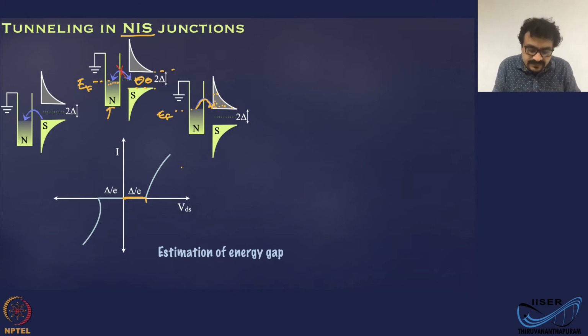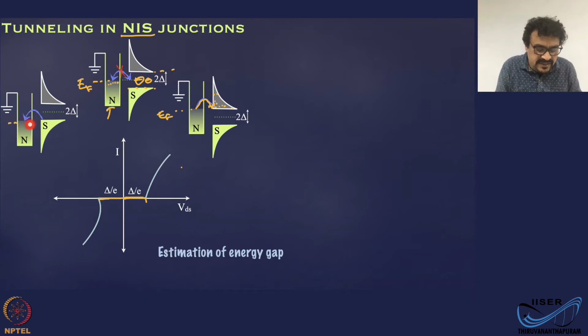So until you slide it by an energy delta, a voltage delta by E, you have no states on the metal side, because all those states are full. Remember, superconductivity is a low temperature phenomenon. So the Fermi function, you can assume, is mostly very sharp. So all the states until EF are filled. Okay, so this point is EF.